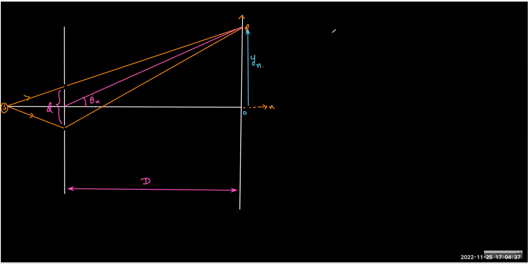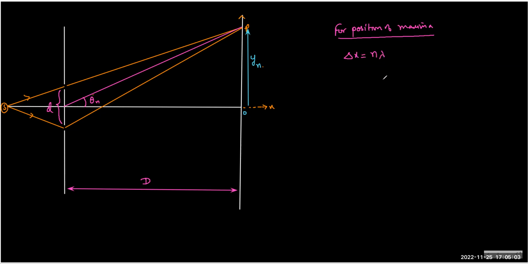So instead of all fringe positions, we are only looking for the position of maxima and the position of minima. So for the position of maxima, the path difference should be how much?